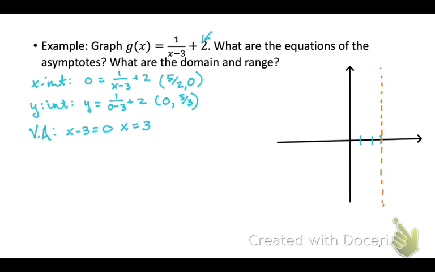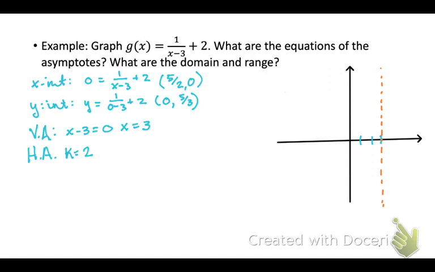Okay. So now I got vertical asymptote. I need to find the horizontal. Well, what variable did we say affected the horizontal? H or K? Okay, K. The up or down, right? So K equals what? 2. And the horizontal asymptote was at 0, right?